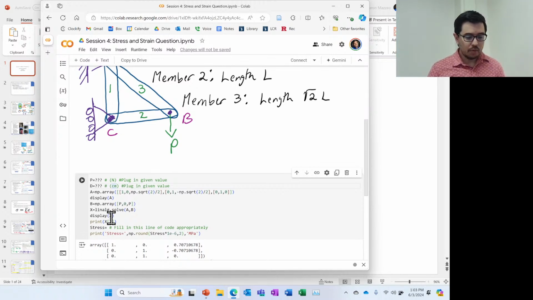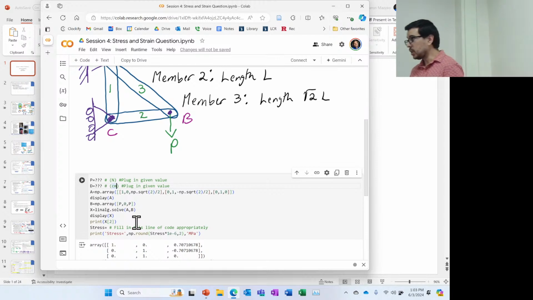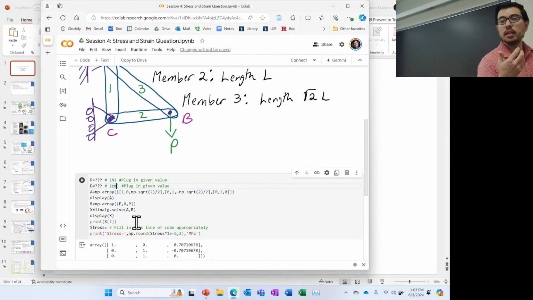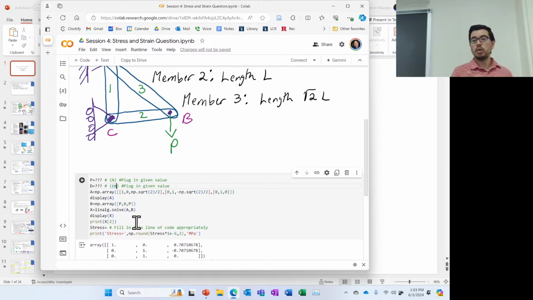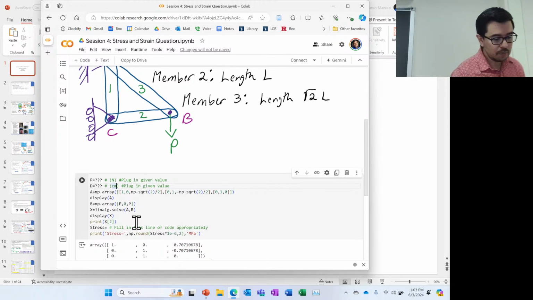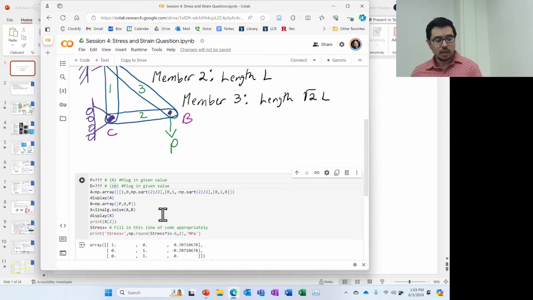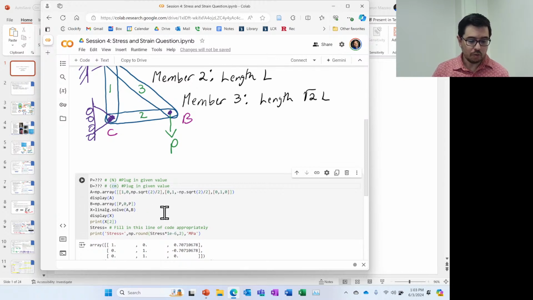If we use this code, it is essentially using the method of joints, and it's solving a system of 3 linear equations. A has the coefficients, and X is what we're solving for.